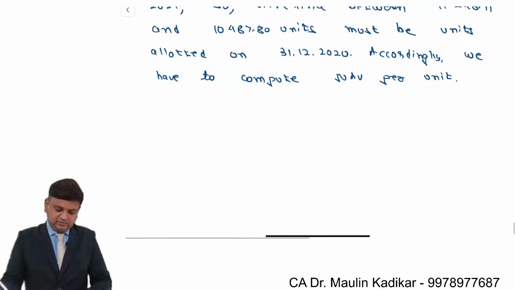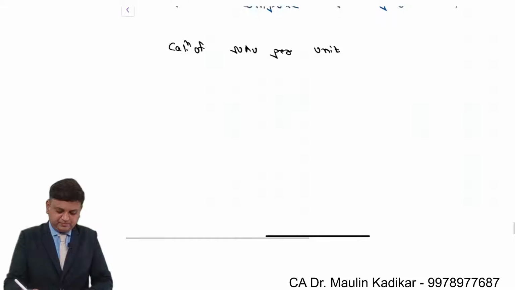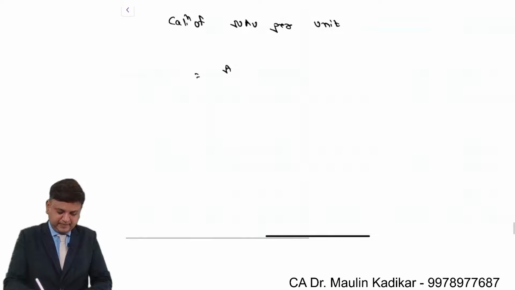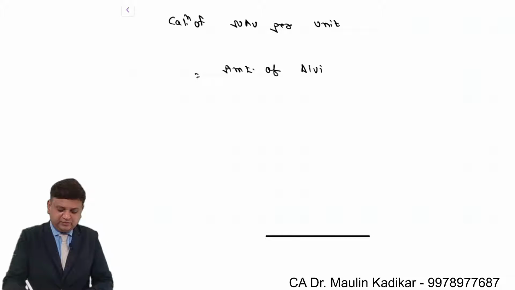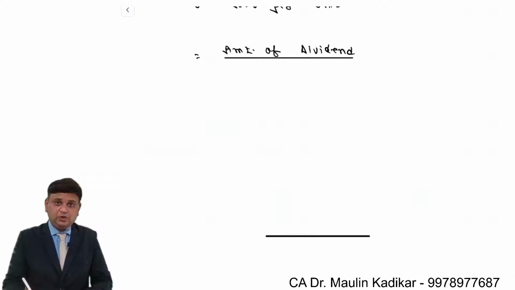So in the workings, calculation of NAV per unit. So amount of dividend divided by units allotted.